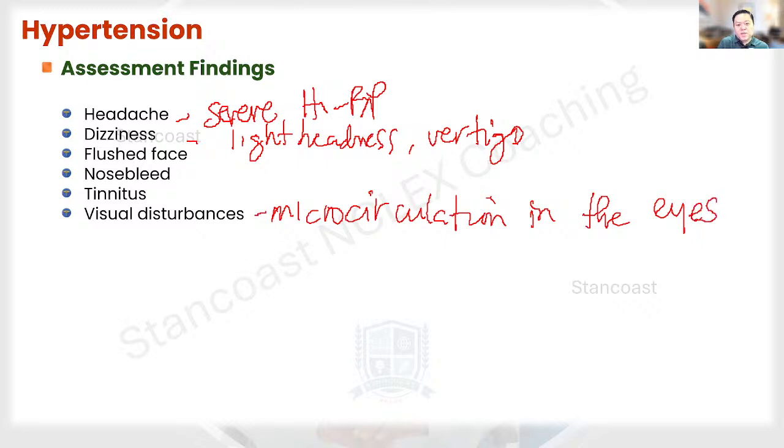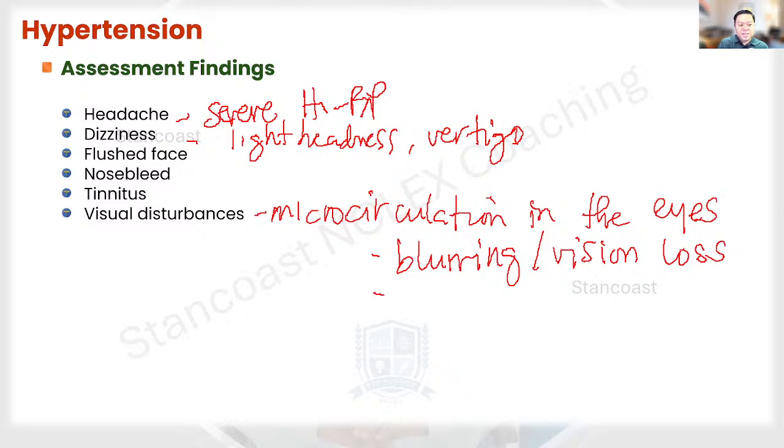So this will lead to some changes in the vision, right? The person will end up with blurring of vision, or it could be vision loss in some severe cases.